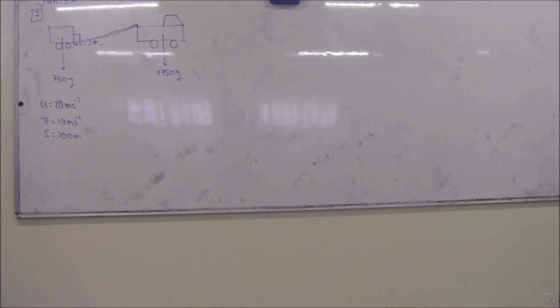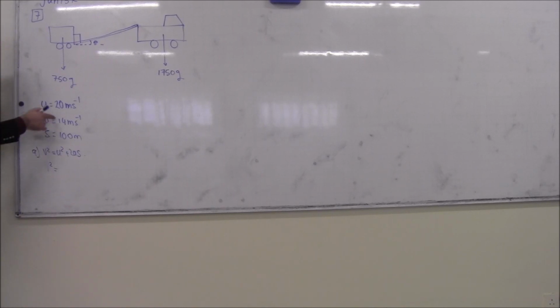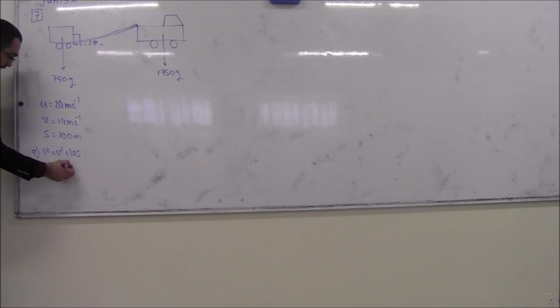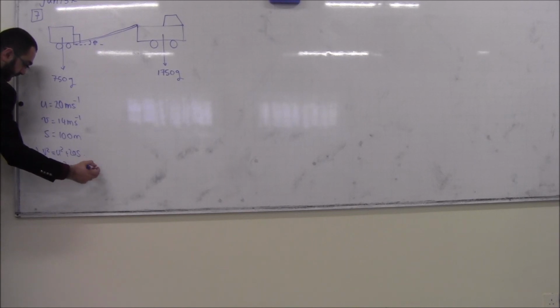Find the deceleration. So here we have to use the equations of motion. V squared equals U squared plus 2AS. V squared is 14 squared, U squared is 20 squared, plus 2A times S, which is 100.